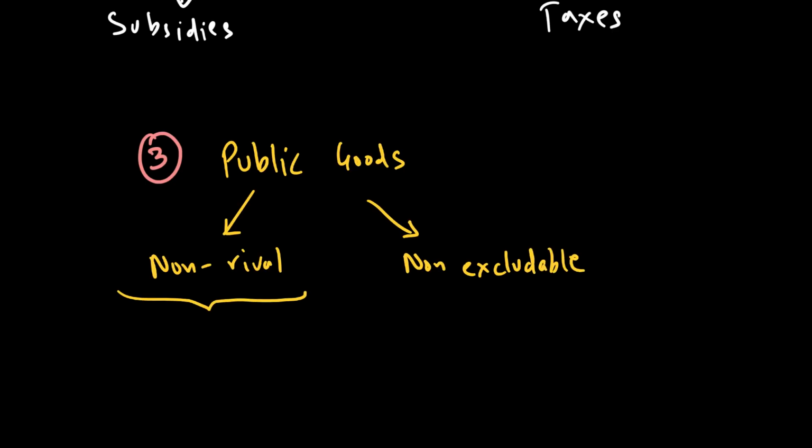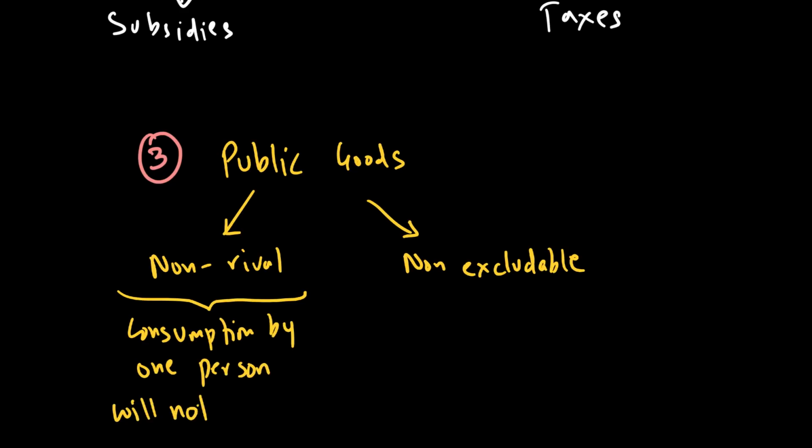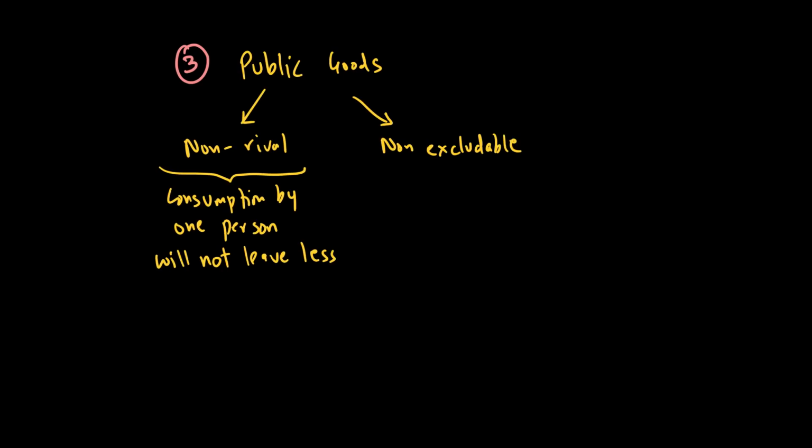Non-rival means basically consumption by one person will not leave less for another. A great example of this could be street light. Somebody uses a street light, does it leave less for another?